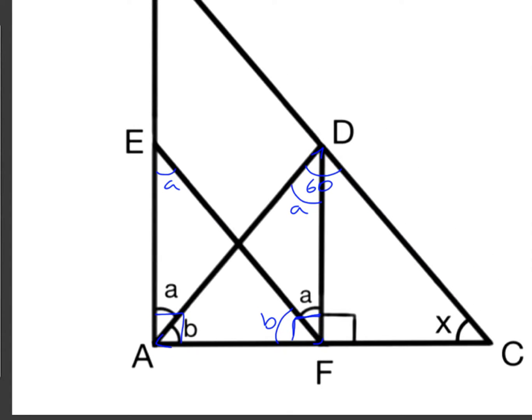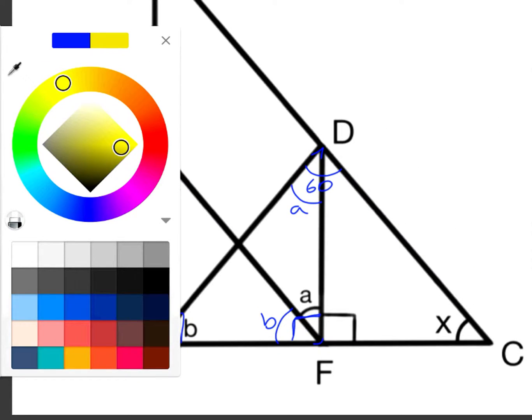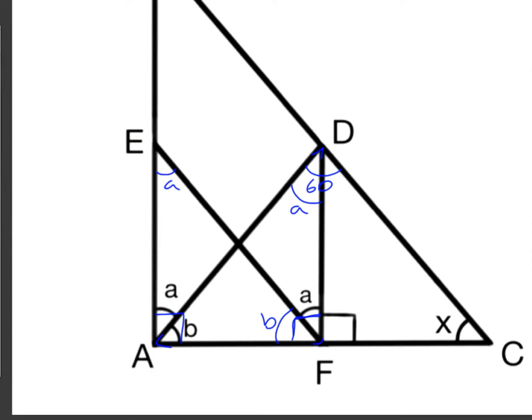Now I can see that this triangle right here is an isosceles triangle. I can tell that because the two bottom angles, A and A, are equal. Therefore, this must be equal and this must be equal.